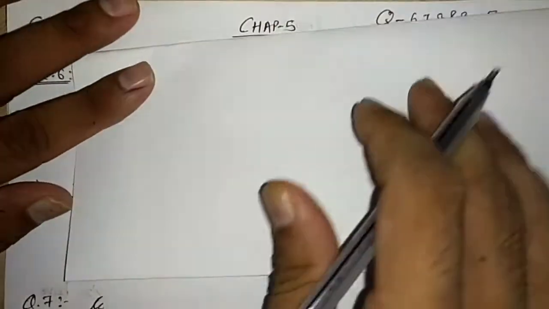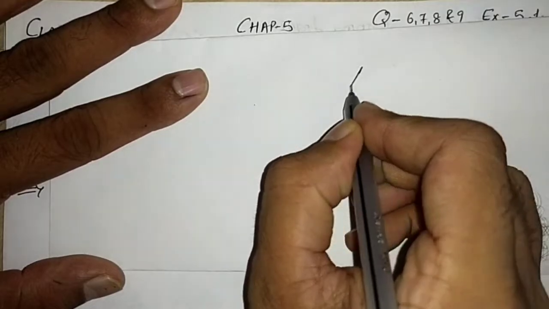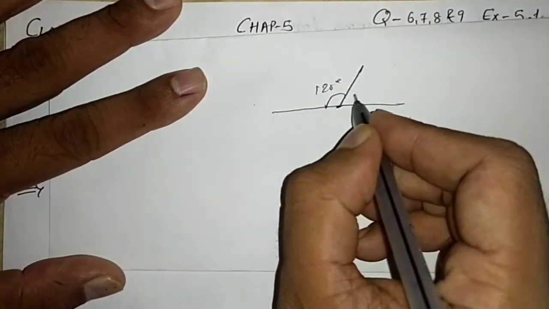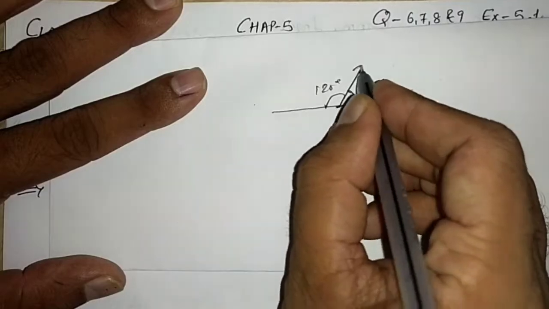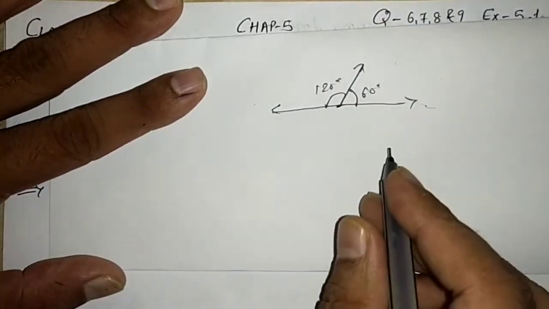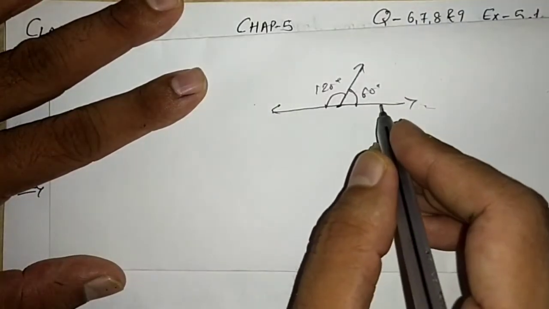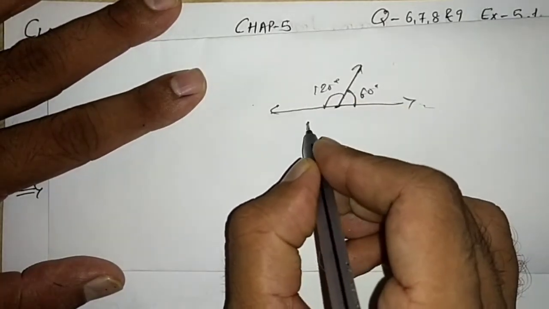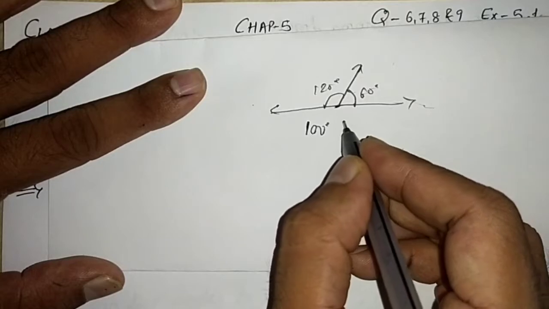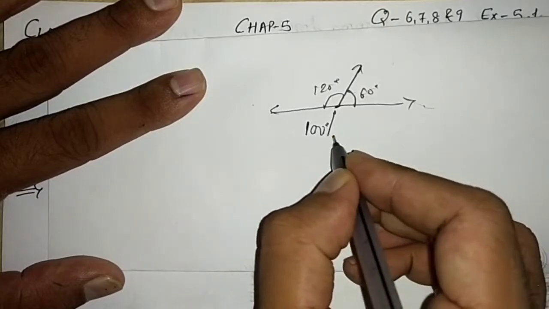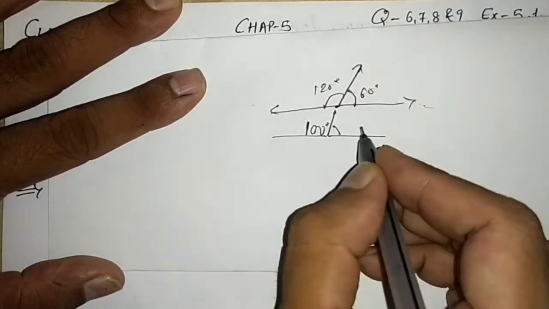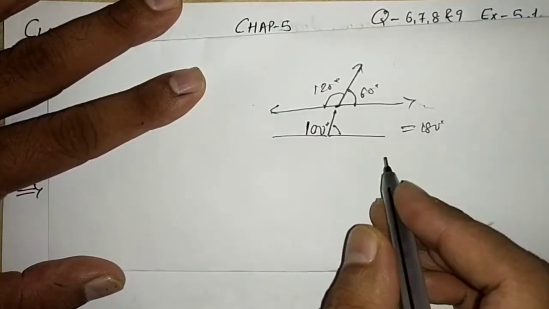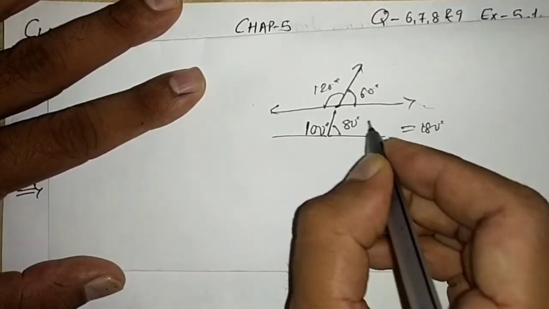Let me give you one example. Let's say angle 1 is 120 degrees and this is 60 degrees, and the condition is they must remain 180 degrees. If I reduce this, let us say by 20, what will be the change in angle 2? Will it rise? Because the condition is they must remain 180 degrees, it will become 80.